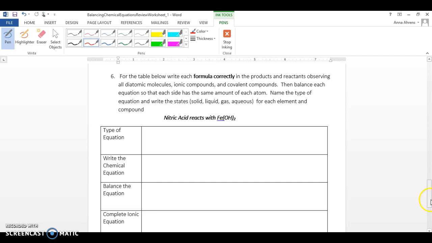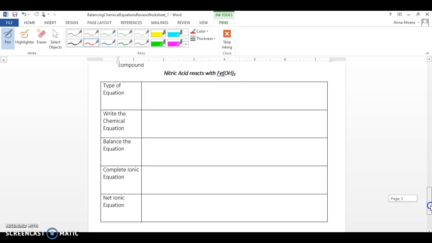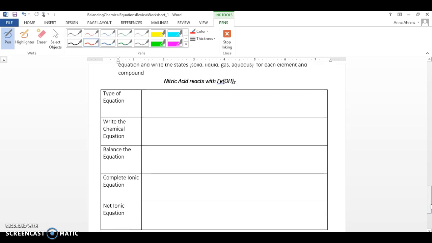And we're going to write the complete ionic equation and the net ionic equation. So the first type of reaction, we have nitric acid and we have iron hydroxide. You can either put double replacement, I know that, or neutralization. It can be either one of those.